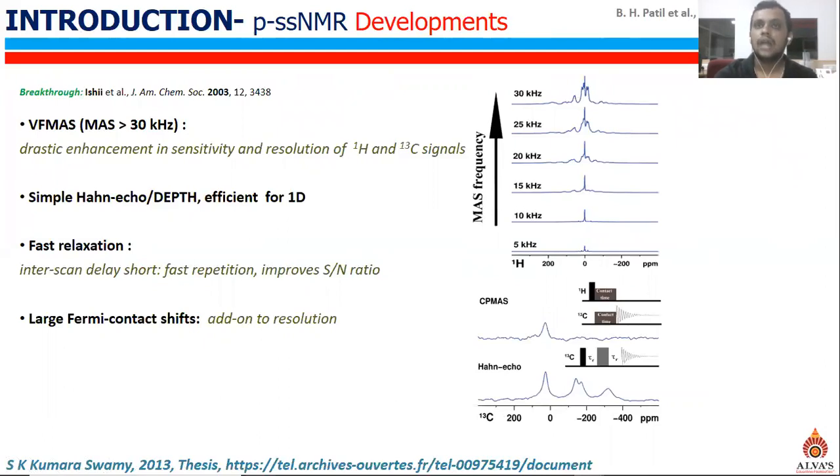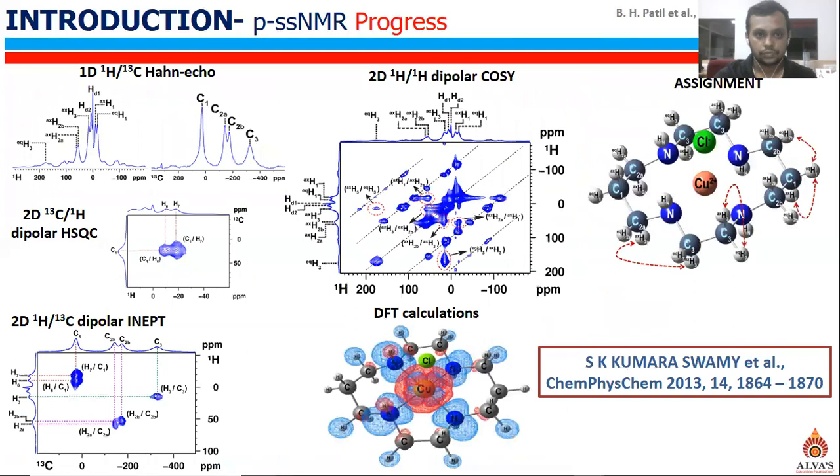So the simple Hahn echo experiment is efficient for signal assignment, and the fast relaxation makes the interscan delay short. Fast relaxation makes the signal-to-noise ratio better, and the large Fermi contact shifts improve the resolution further.